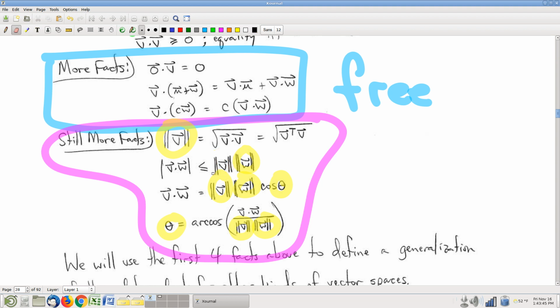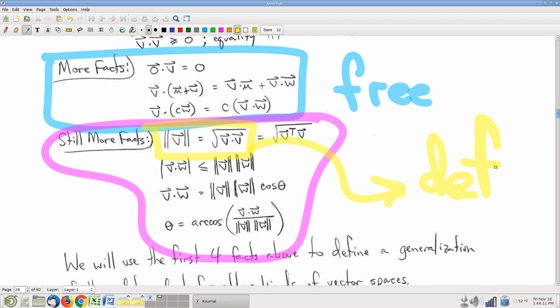And so we're going to use this formula here then as kind of the definition of a notion of magnitude. Anytime you have a new inner product, then analogous to how we use the dot product here, we construct from that new inner product a new notion of magnitude, sometimes called a norm.